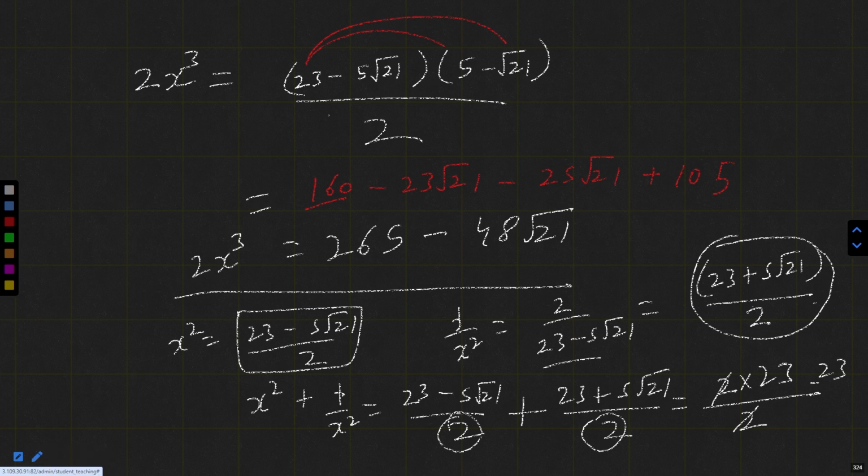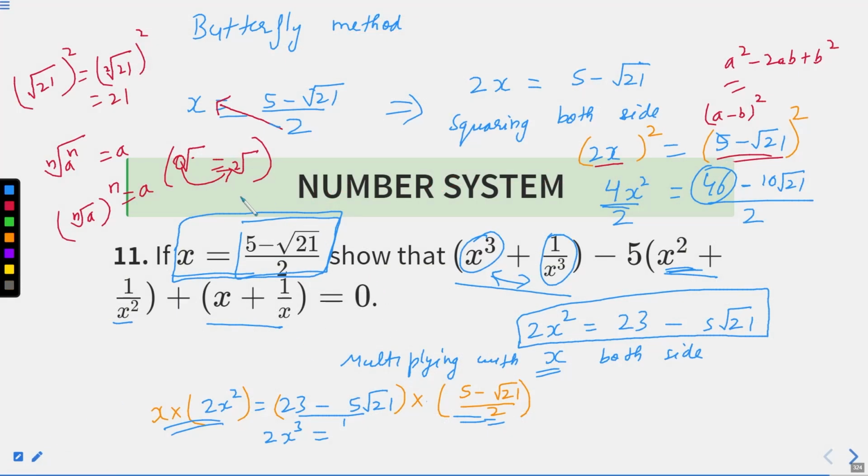Now I have solved x square plus 1 by x square, and I have evaluated the value for x cube. I am now leaving it for you so that you can also try. I don't want you to just follow what I have done.